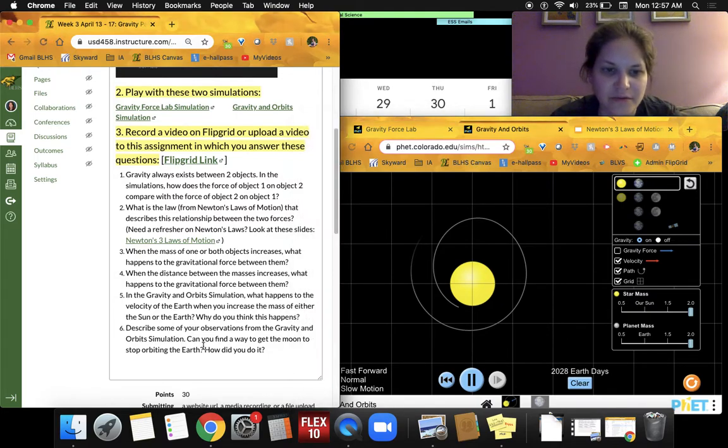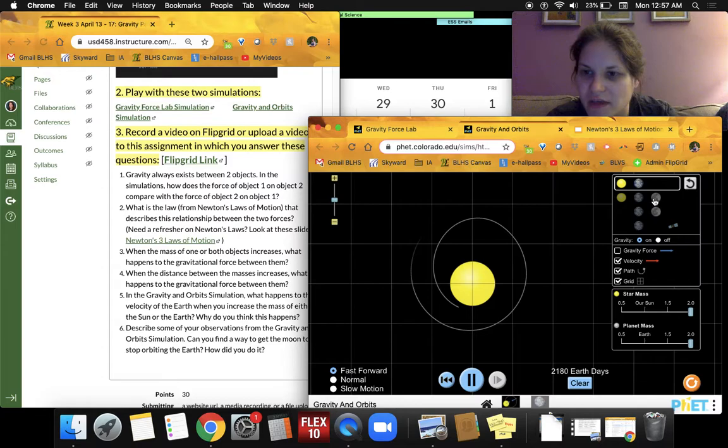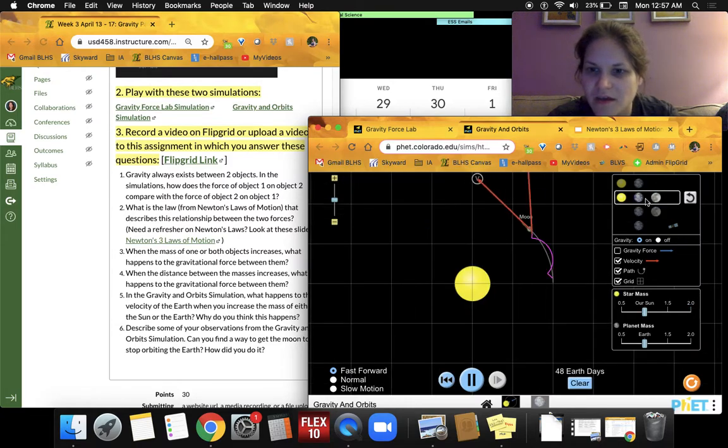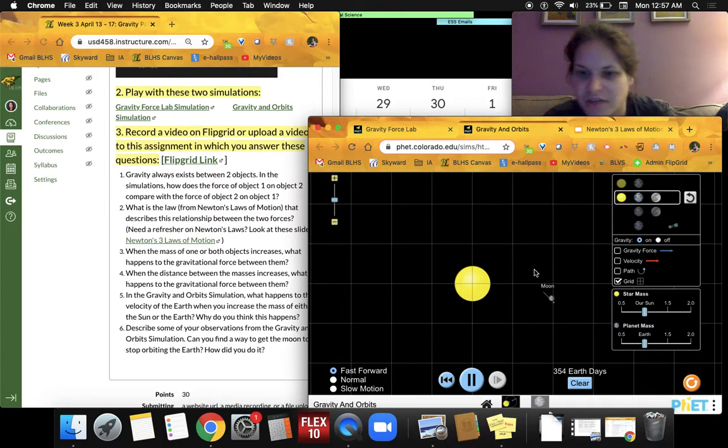And then the last question is, can you find a way to get the moon to stop orbiting Earth? We can do that either in this simulation or in this simulation. There's the moon orbiting the Earth, and if you need to get those paths out of there so you can see better, that's fine, just uncheck them. Then just try some things. Maybe you make Earth's mass much smaller.